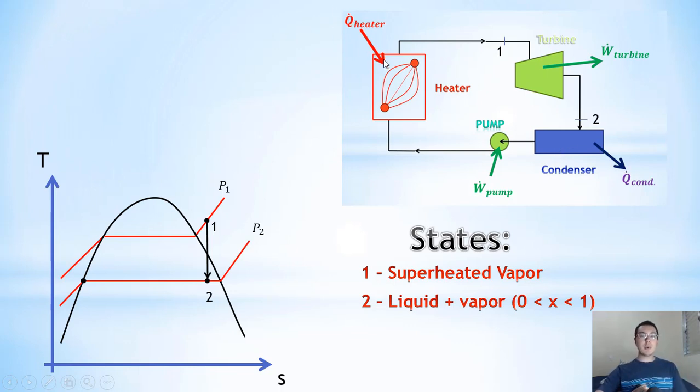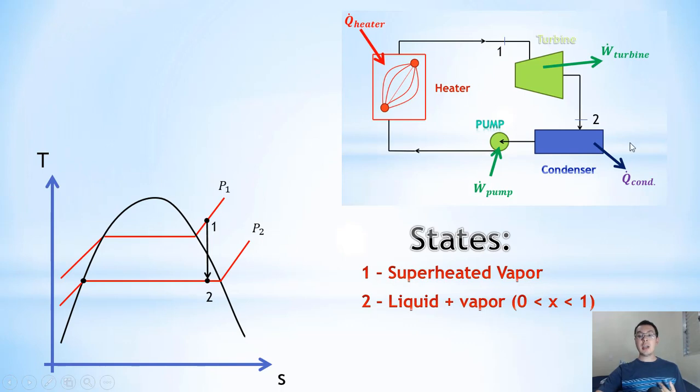We have heat input here at the heater and heat output here at the condenser. But here at the turbine and at the pump, we'll have just work, power, here at the pump and here at the turbine. We won't have energy leaving or entering in the form of heat. So here at point 2 we have liquid plus vapor, and this process is isoentropic.